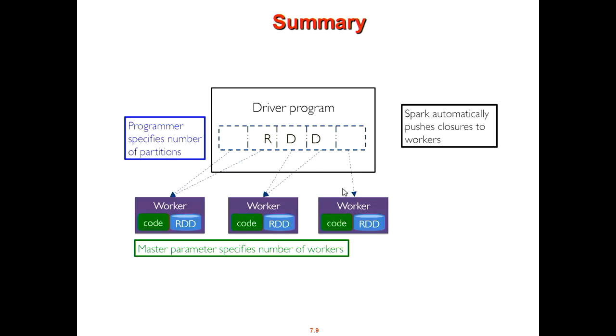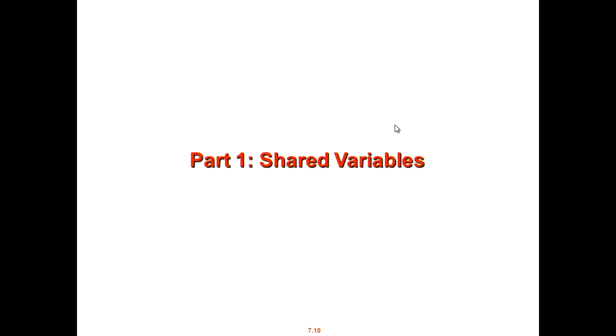You have different ways to do the cluster management, and for each partition, Spark will automatically push the closure to the workers. So remember, what is a closure? A closure is a function plus environment, so each operation is a kind of closure, and it will be pushed to the worker for its operation. So this is the whole very high-level picture of Spark.